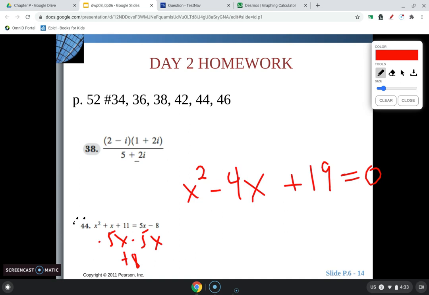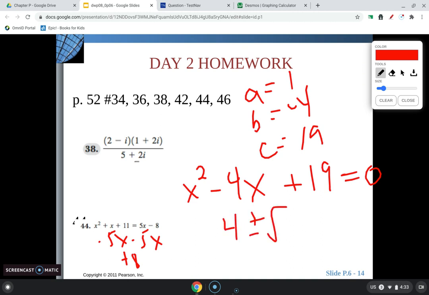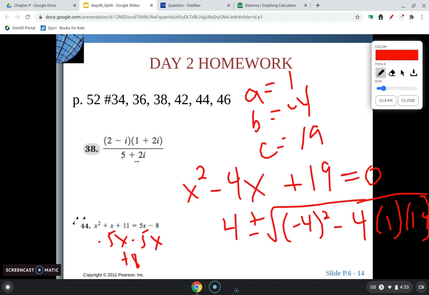And I believe since we are doing imaginary, this is going to be the quadratic formula. So a is 1, b is -4, c is 19. So the opposite of b is 4 plus and minus the square root of b squared minus 4 times a times c, all over 2 times a, which is 2.